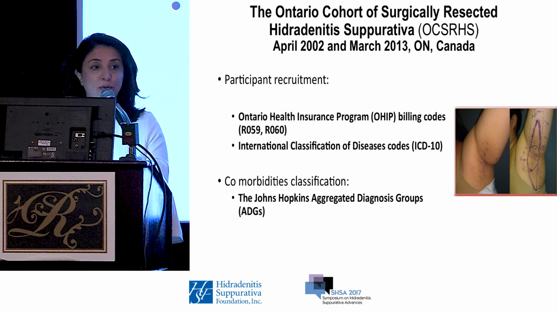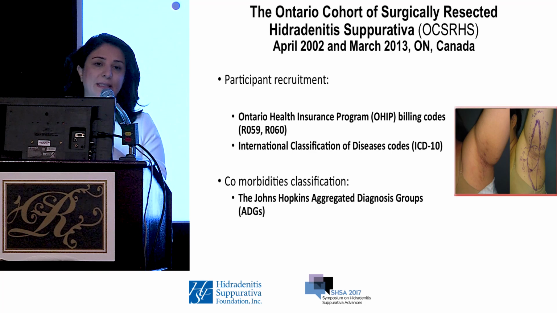We used the 2 surgical codes, R059 and R060. R059 is a resection of skin and sweat glands in the axilla, groin, and perineal area for HS or hyperhidrosis. R060 means the same surgery using flap and/or graft. We used the ICD-10 codes for comorbidities, and the Johns Hopkins aggregated diagnosis codes.